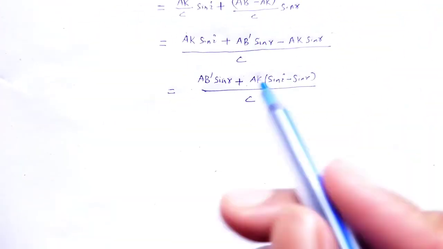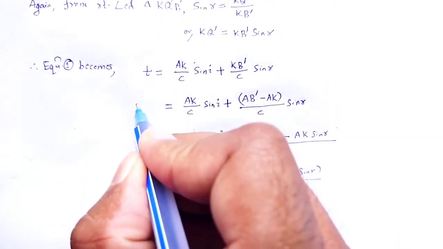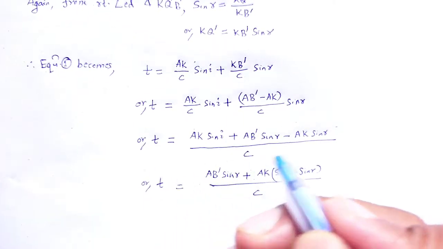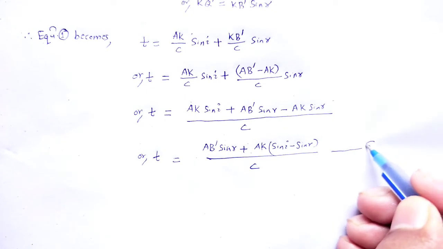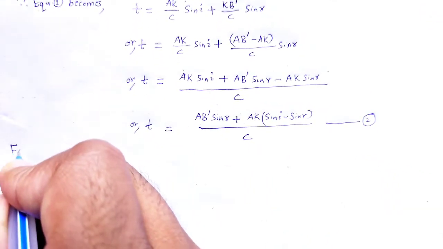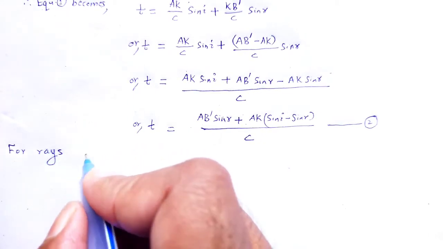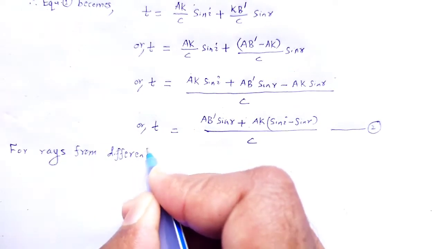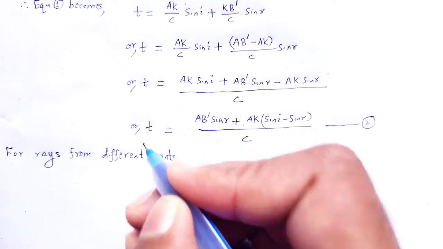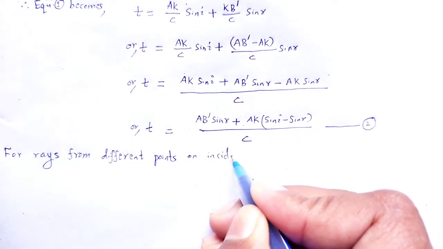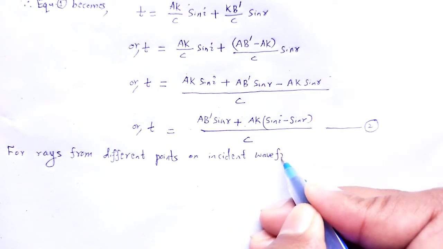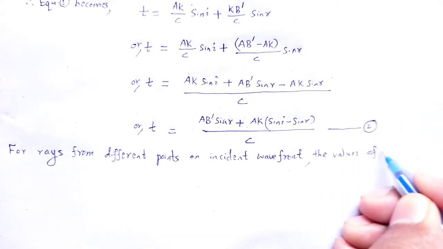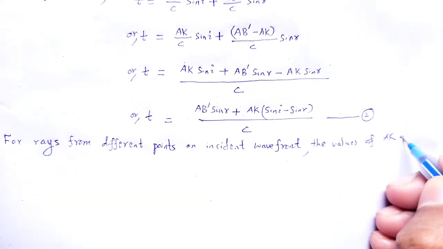We write it as equation number 2. For rays from different points on the incident wavefront, the values of AK are different.